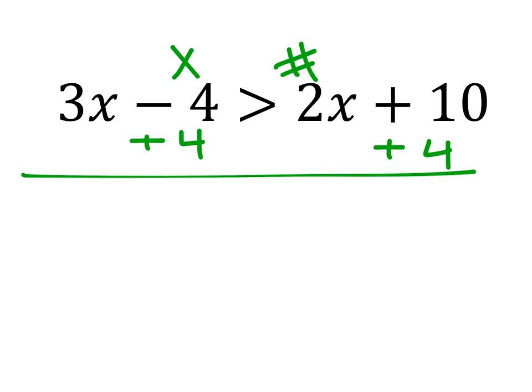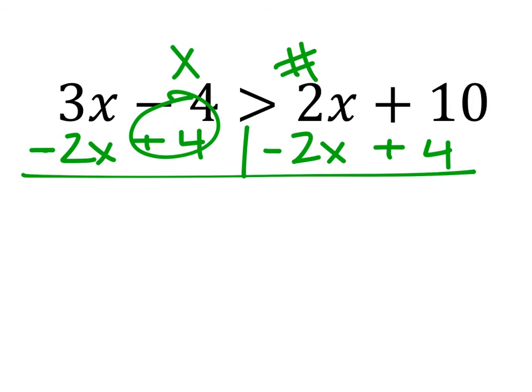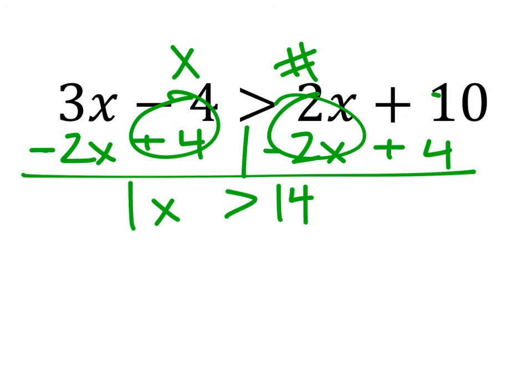And yeah, just for the sake of time, I'm going to do both parts at once. So I'm going to zero out that 2x right now, okay? So that does zero out the negative 4. It does zero out the 2x. So 3x minus 2x, that's 1x. And we didn't do anything, we just used principles of equality for addition and subtraction, so it does not affect the inequality. 10 plus 4 is 14.